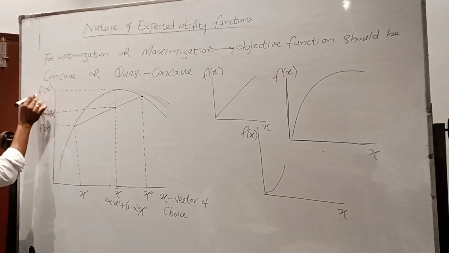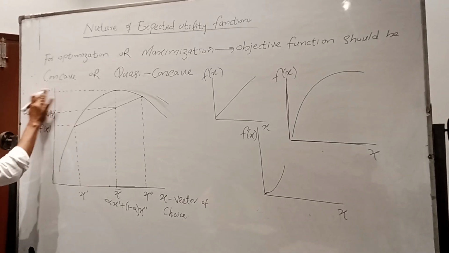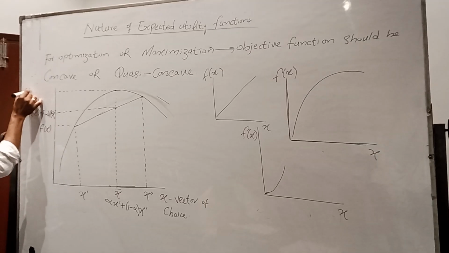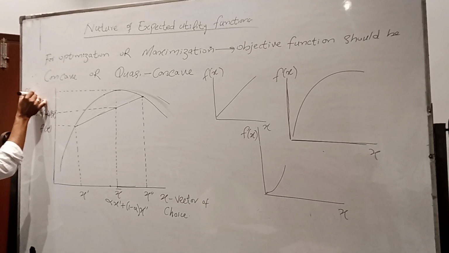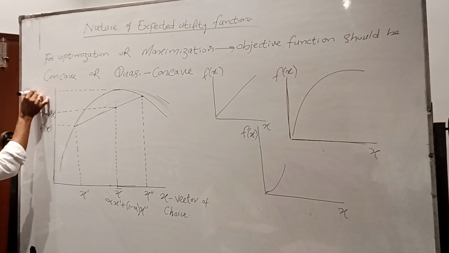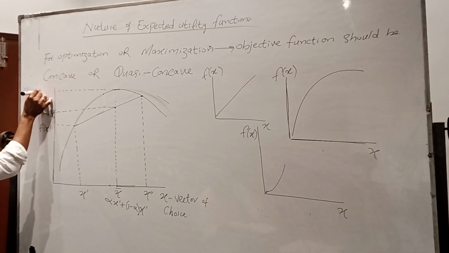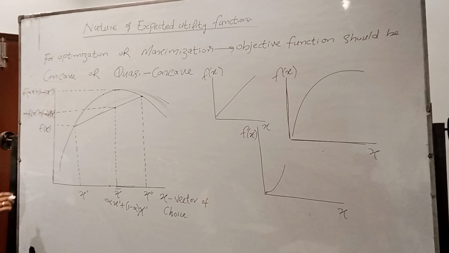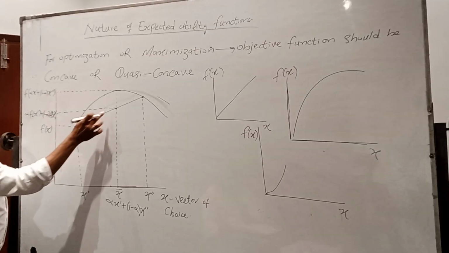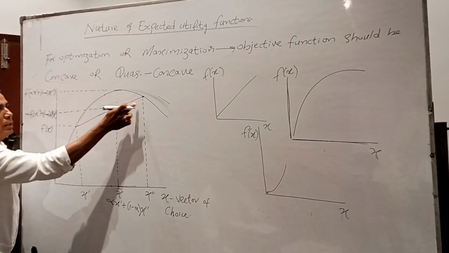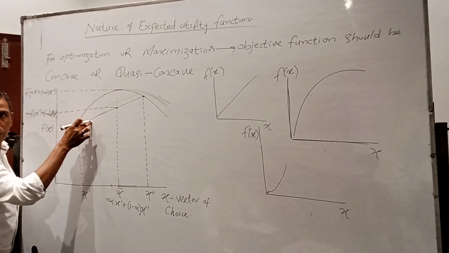This value is something like f(alpha x dash plus 1 minus alpha x double dash), because on that line it is the linear combination, right?